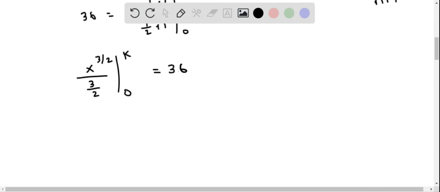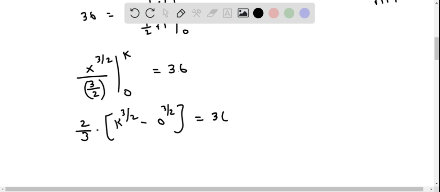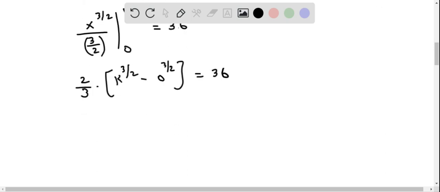Now let's apply the limits. This is 2/3, because having 3 by 2 in the denominator is equal to multiplying by 2/3, times k to the power 3 by 2 when we apply the upper limit, minus 0 to the power 3 by 2 when we apply the lower limit, which is 0. So we have 2/3 k to the power 3 by 2 equals 36.